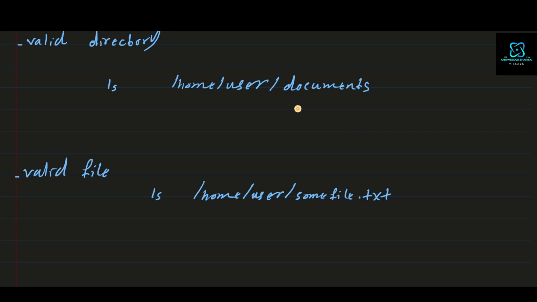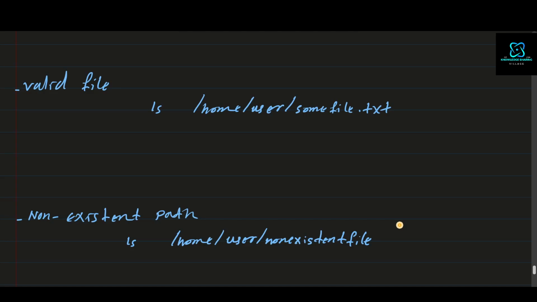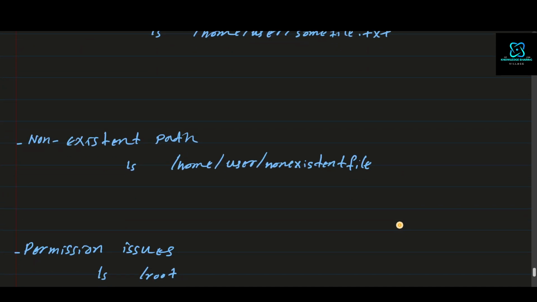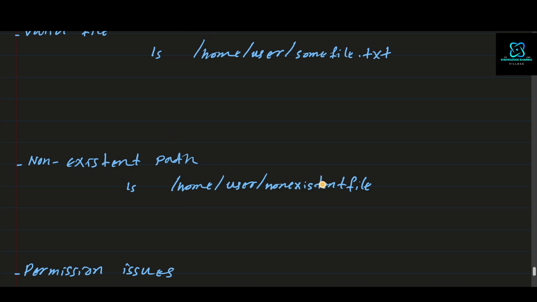If it is a directory, it will list the visible content, and if it is a file, it will just list the file itself, not its content. It will not work if the file that you have passed does not exist. For example, here we have passed an invalid path, be it a directory or a file.